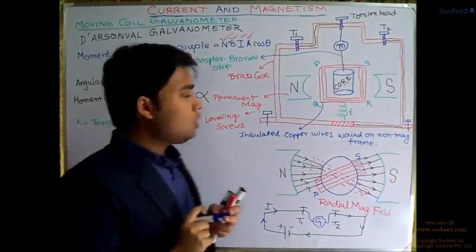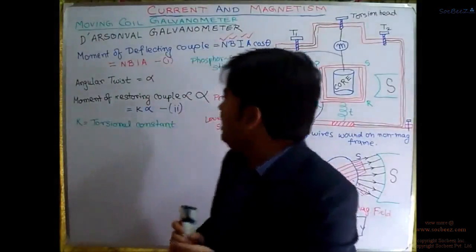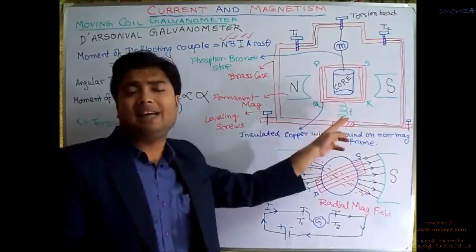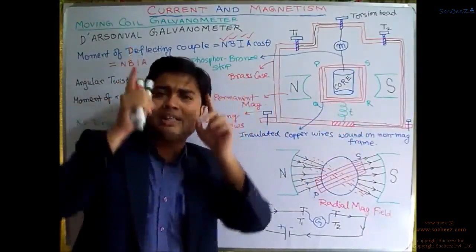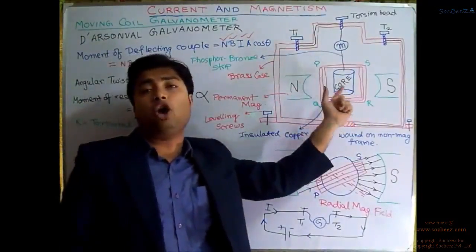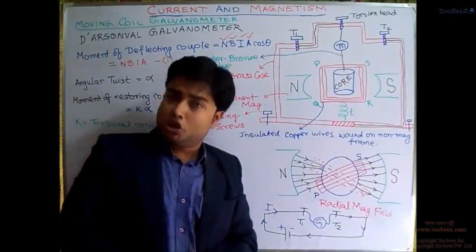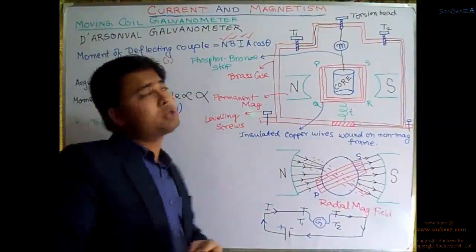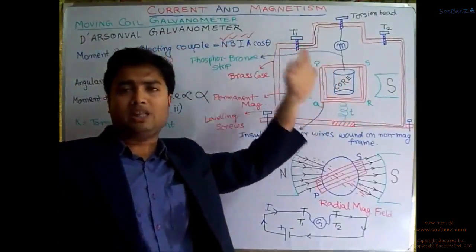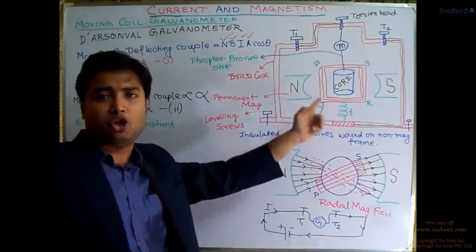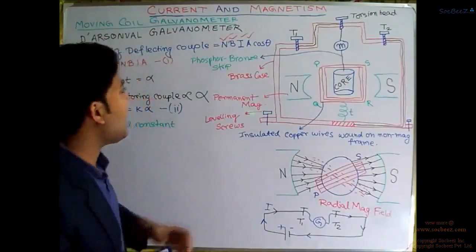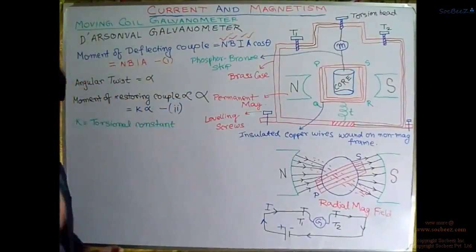Now, whatever the moment of restoring couple is induced within this hairspring, that will simply be because of the moment of deflecting couple for the coil PQRS. So, we can deduce that the moment of deflecting couple of the coil PQRS will simply be equal to the moment of restoring couple of this hairspring T. So, equation 1 is equal to equation 2.